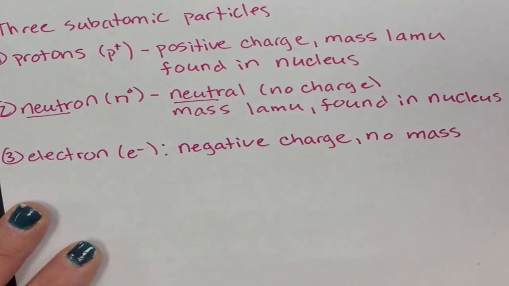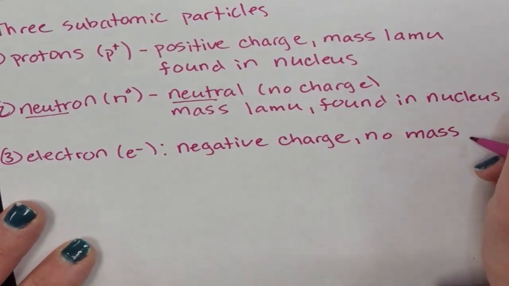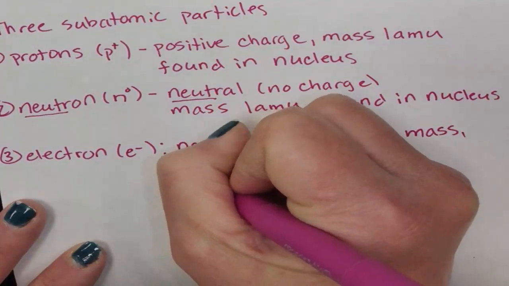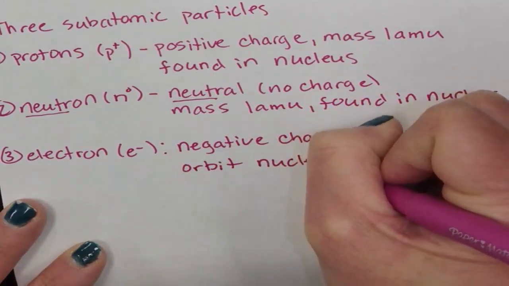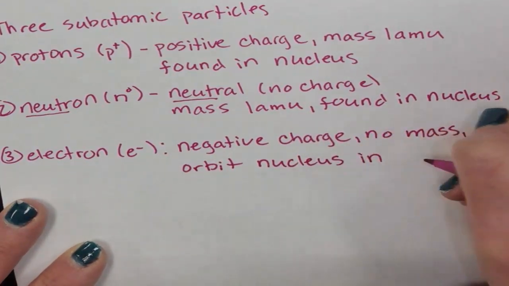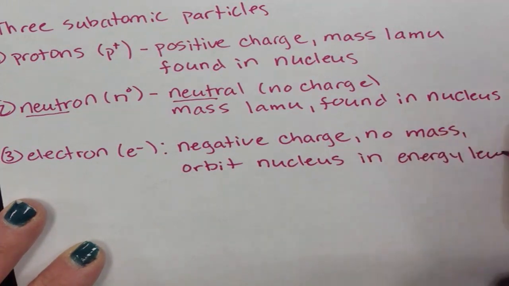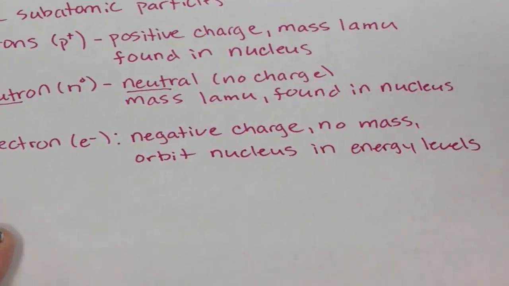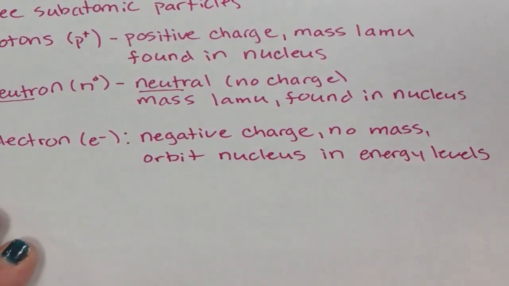Electrons do have mass. The reality is their mass is so small that it is considered negligible. So that's why we say no mass. And they are going to orbit the nucleus in energy levels.